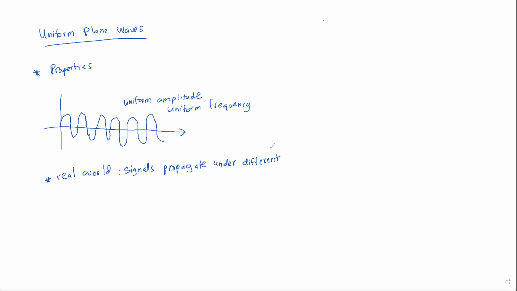So basically the wave amplitude deteriorates. So in the real world, the signals propagate under different environmental conditions, and therefore the waves attenuate. Waves attenuate.